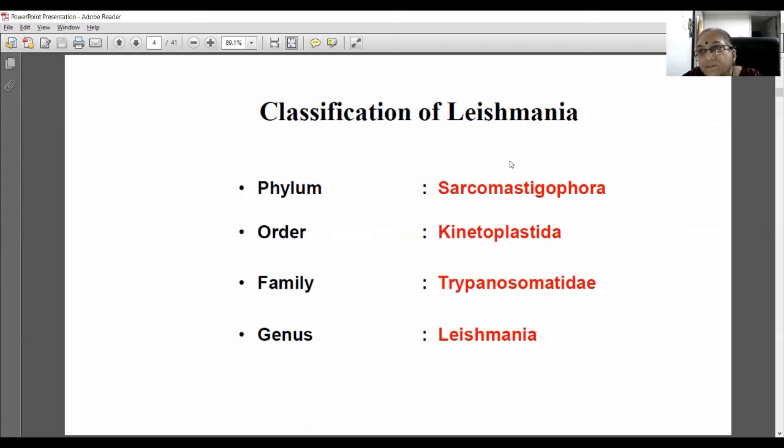Now, classification of Leishmania. This parasite belongs to phylum Sarcomastigophora, order Kinetoplastida, family Trypanosomatidae, and genus Leishmania.